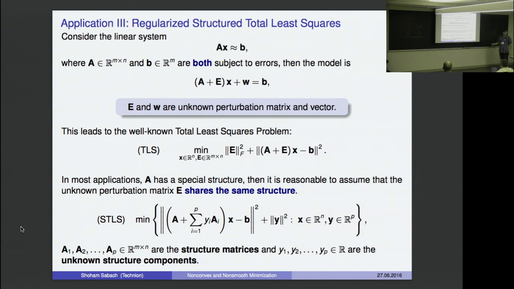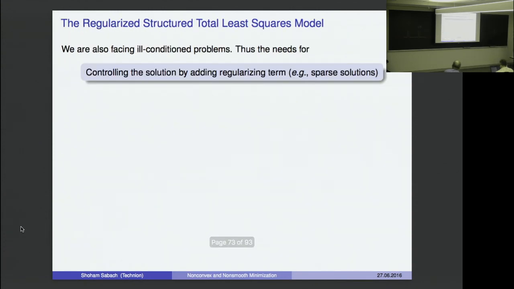So the y_i are the structure components, which are unknown, while the component matrices A_i are known. So we have two vector variables, x and y, and we would like to minimize the sum of these two functions.